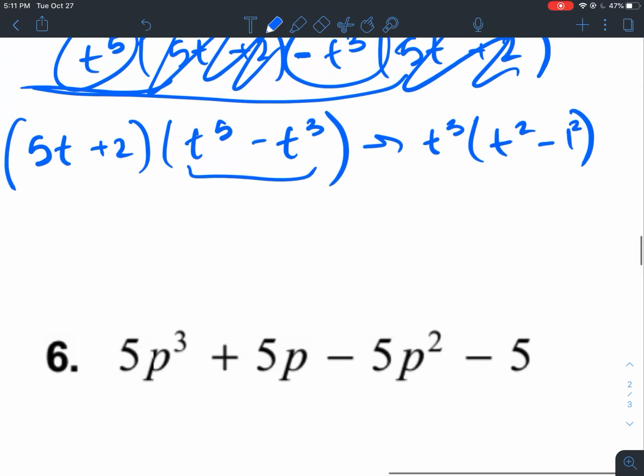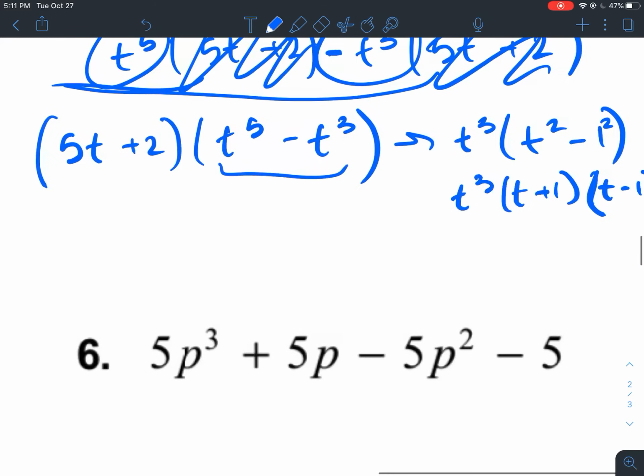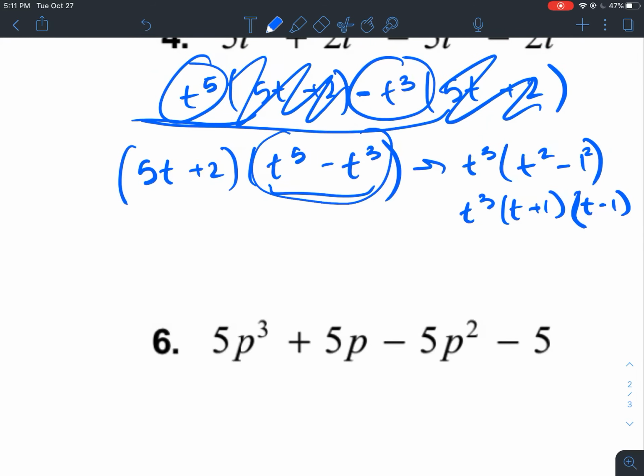So this is equal to t cubed, t plus 1, and t minus 1, using that pattern. So we broke this down into that. Overall we have 5t plus 2 times t cubed times t plus 1 times t minus 1.